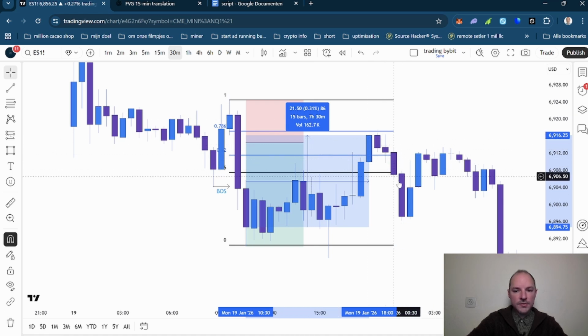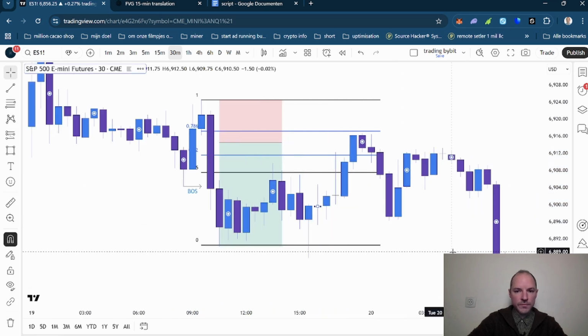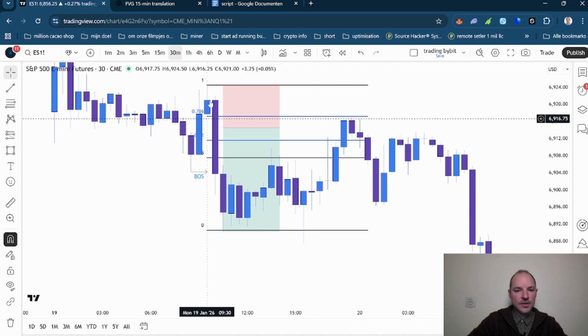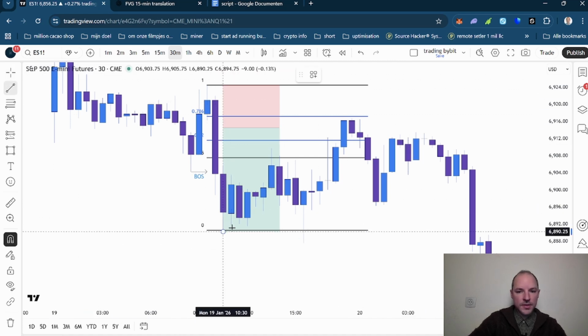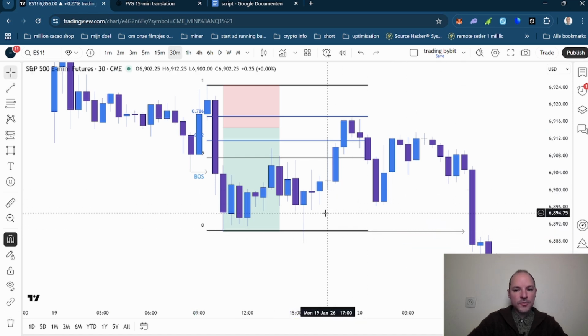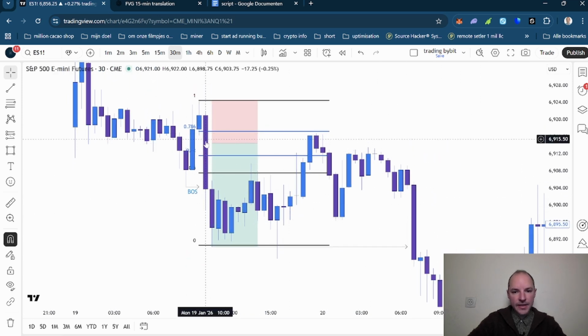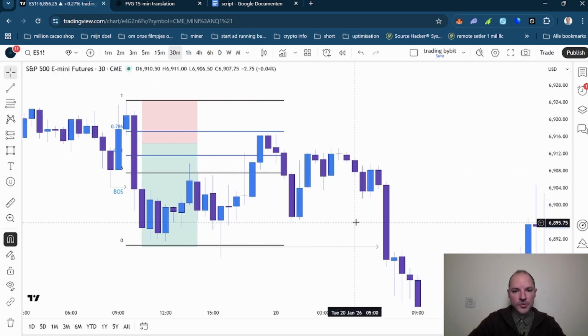And then the market started moving in the direction that we actually wanted to see it move. Where does it head to then? The market heads to a new low. So it should take out this low right here, because then we form a new break of structure to the downside. This is a valid fair value gap that we can spot. I'll show you another one.